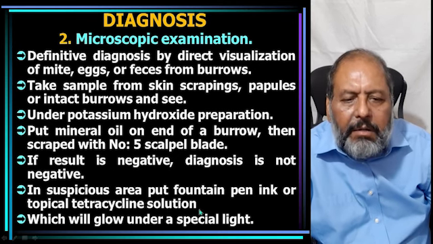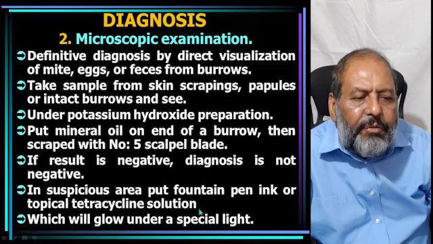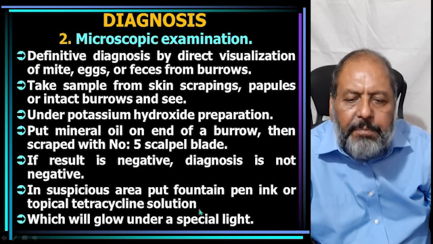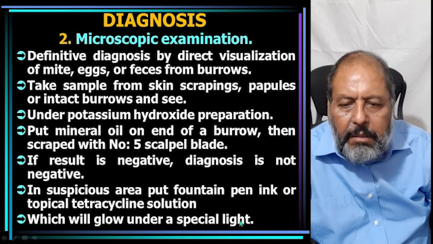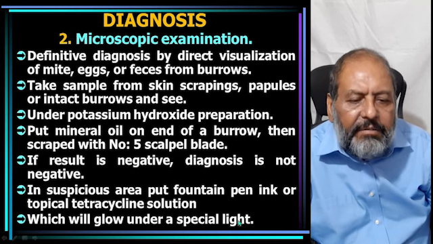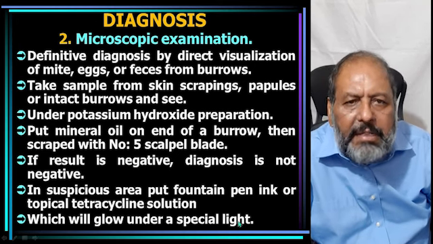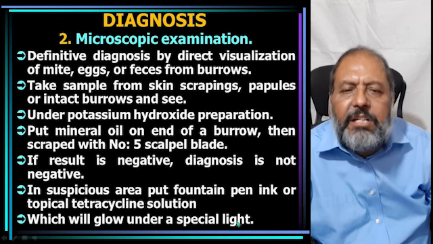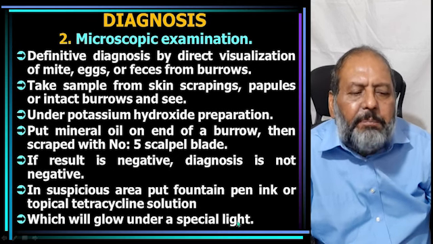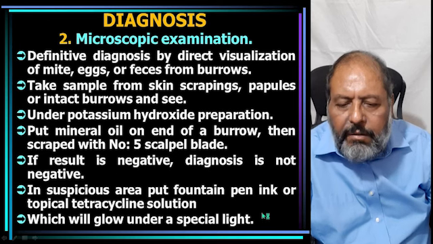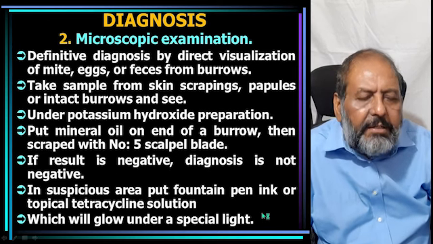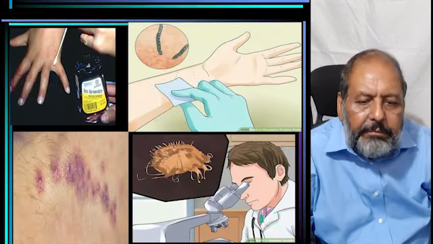Put mineral oil on one end of a burrow and then scrape with a number 5 scalpel blade. If the result is negative, the diagnosis is not negative. In a suspicious area, put fountain pen ink or topical tetracycline solution, which will glow under a special light.